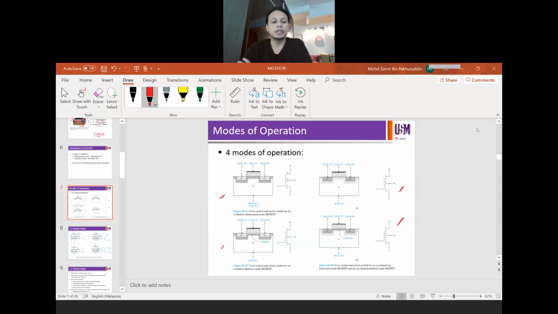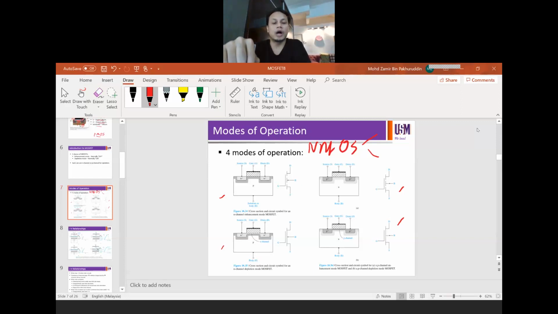Okay, what does that mean? How do you tell whether it's NMOS or PMOS, or N channel? If it's called NMOS, then it's N channel. It can be depletion or enhancement. If you see P channel, then it's a PMOS.